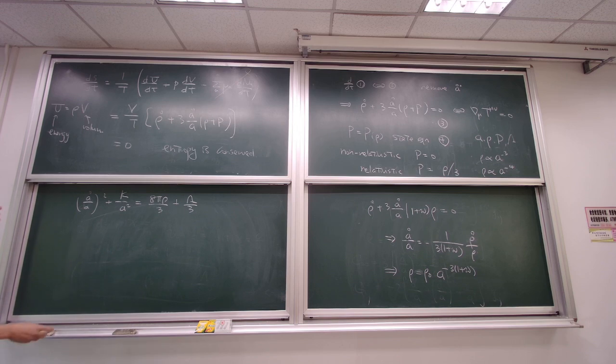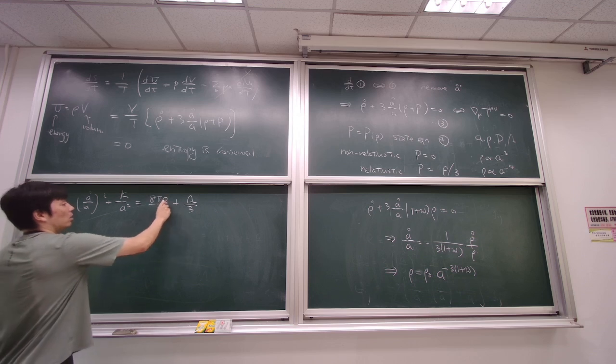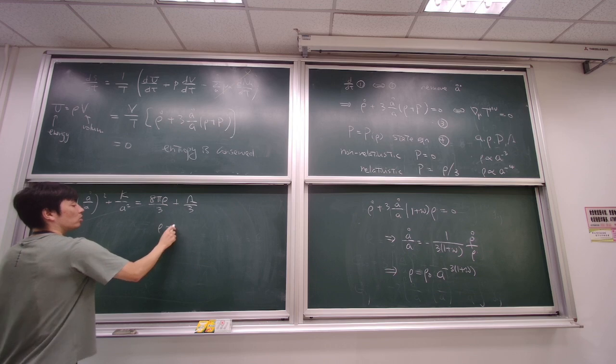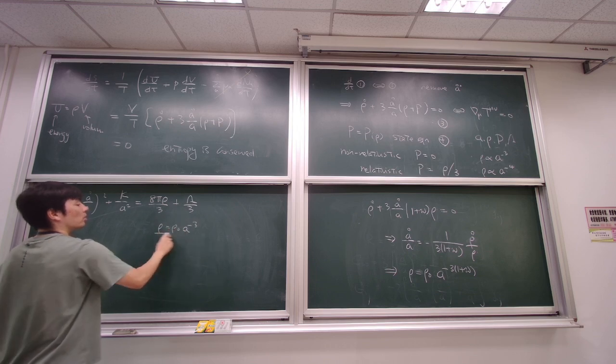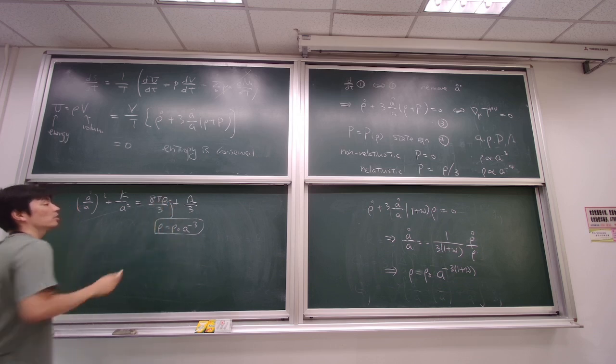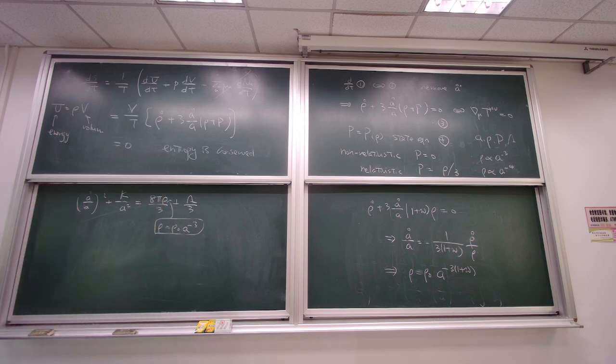So this is the Einstein equation. Now, assuming that rho is equal to rho 0 a to the minus 3, you can plug it into here and multiply by a squared.